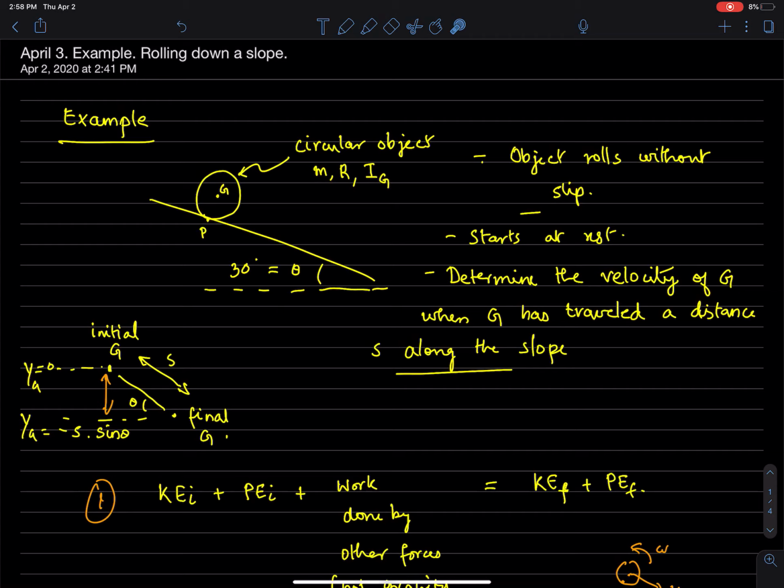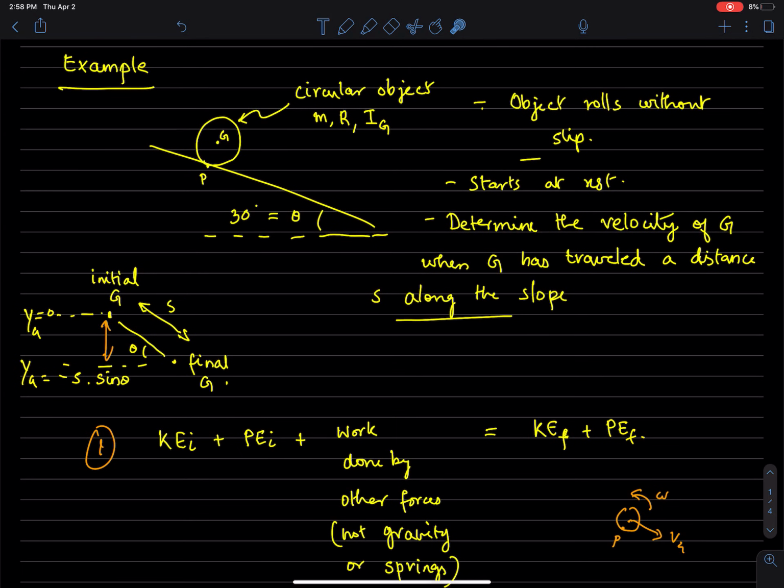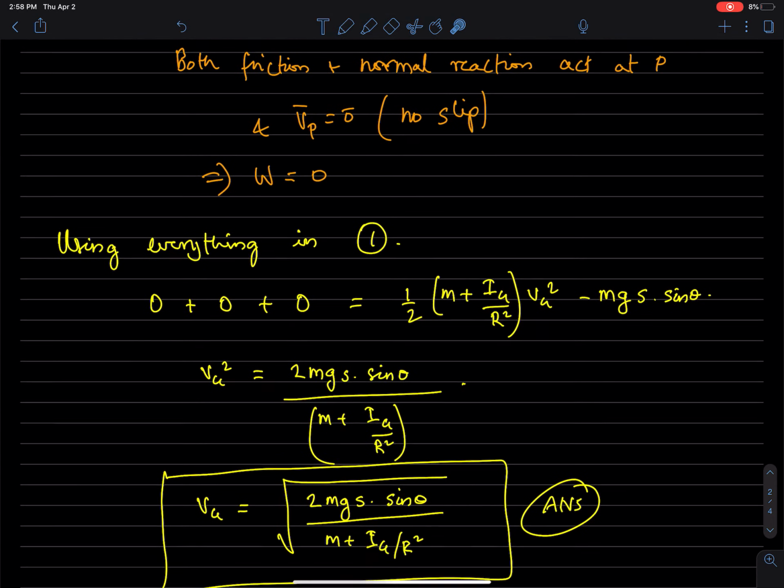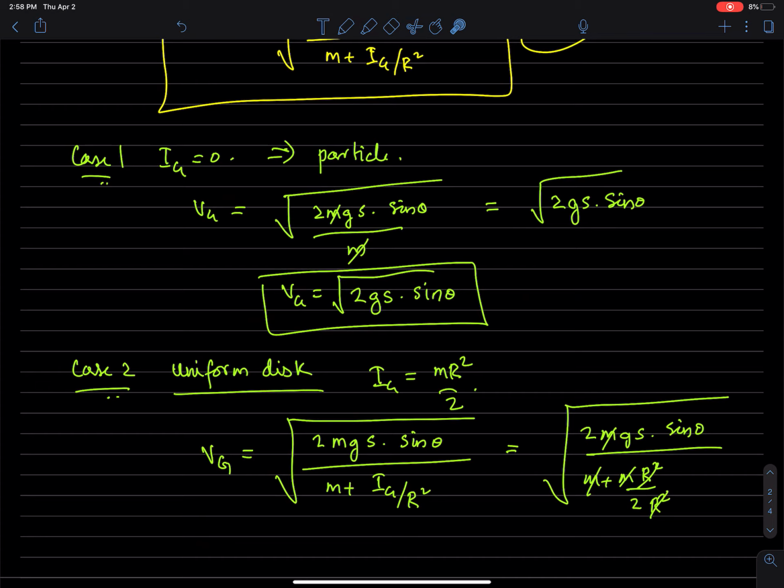That potential energy gets converted into kinetic energy. If you have just a particle with no friction, that's very important, that potential energy gets converted completely to translational kinetic energy, and you get a relatively high velocity, like so.